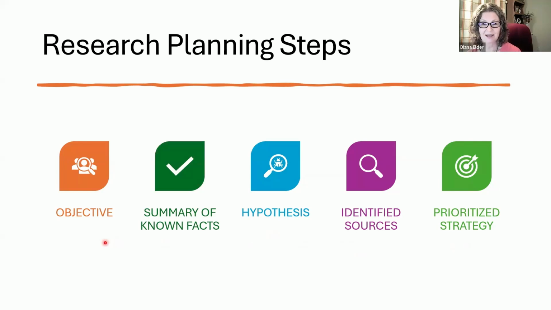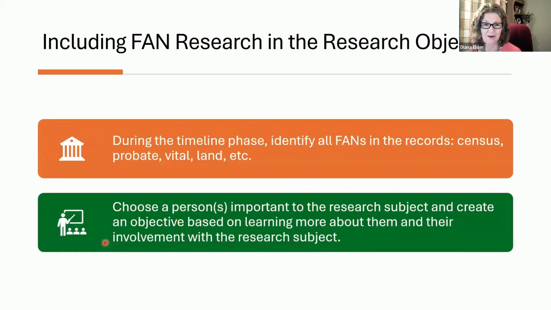Now let's think about how to do this with the FANs. First of all, with the research objective, one of the things we need to do is actually identify all the FANs, and a good chance for doing this is during the timeline phase. As you're going back and looking at every record that you have gathered, or maybe it's in your tree or other people's trees, make sure you are getting those FANs down.